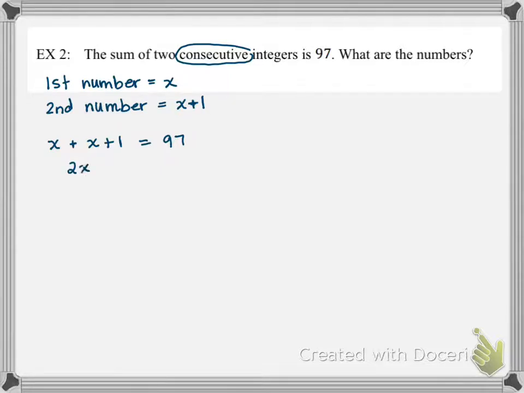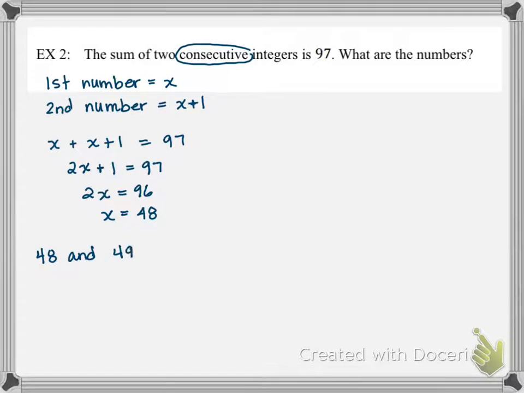And so once we get that far, this equation's not too awful to solve. 2x equals 96, and x equals 48. So I found the first number, which means the 2 numbers are 48 and 49.